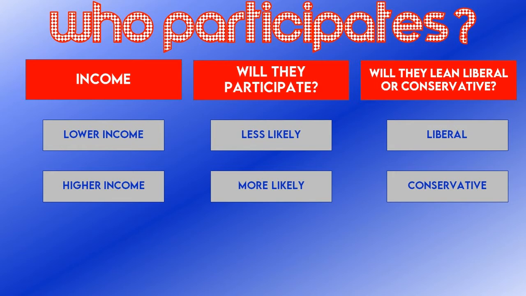It's important to understand that when we're talking about these different demographic characteristics, we treat each one of them individually, because here we see that lower income voters are less likely to vote, but they are more likely to be liberal. We see that higher income voters are more likely to vote, but they are likely to be conservative.